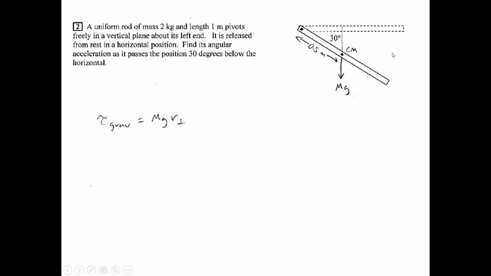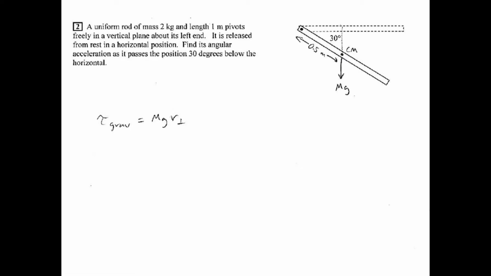Gravity. Gravity is being applied at all points along the rod, but I can use that simplifying assumption that if we're calculating the torque due to gravity on an extended object, we can just pretend that the full force of gravity for the full mass of the object is concentrated at the center of mass of the object.